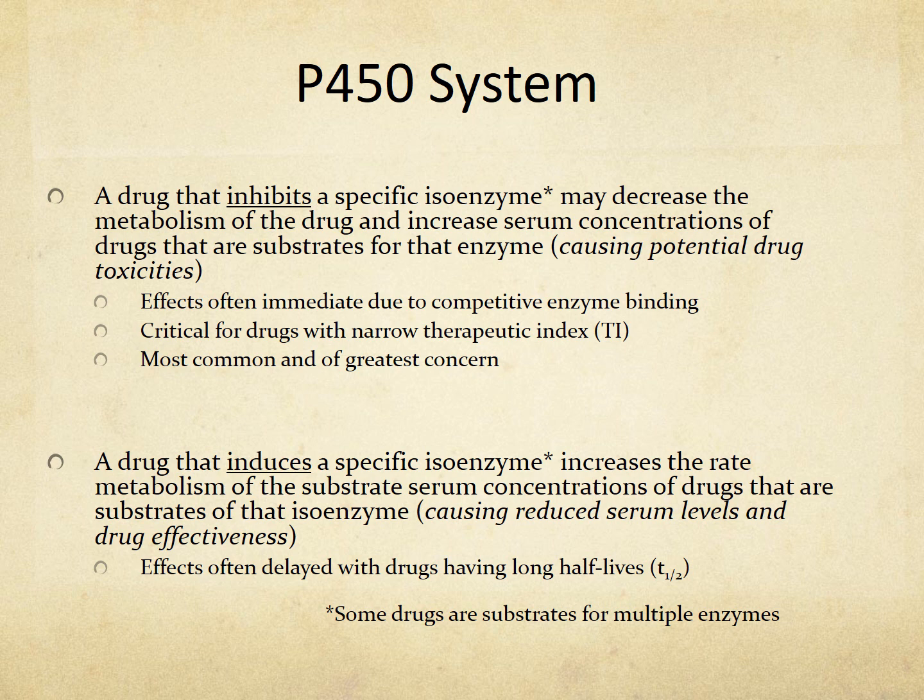How those enzymes work in the body is genetically determined. One of the principles is that you have substrates first, which allow the drug to work as it's supposed to. Then you have drugs that inhibit a specific enzyme, which may decrease the metabolism and increase serum concentrations of drugs that are substrates for the enzyme, and that can cause potential drug toxicities.